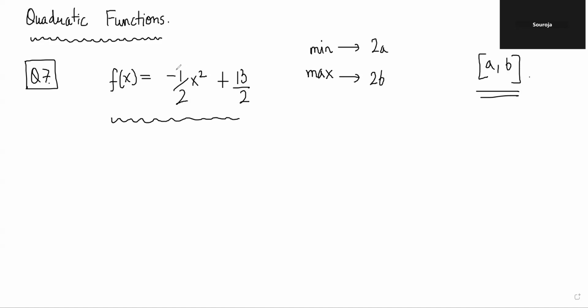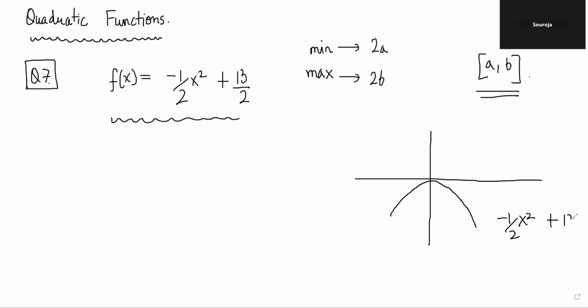So if you look at it, it's a negative half here, right? So the graph will be pointed downward. If it was simply minus half x squared, this is like the minus half x squared graph. But you have to add a plus 13 by 2 to it, right?